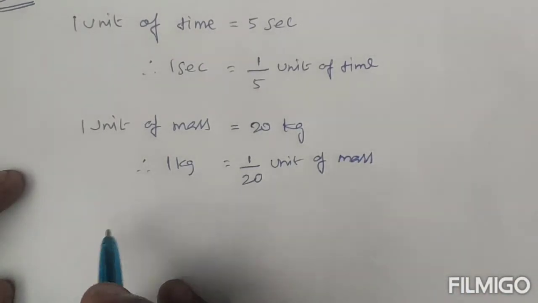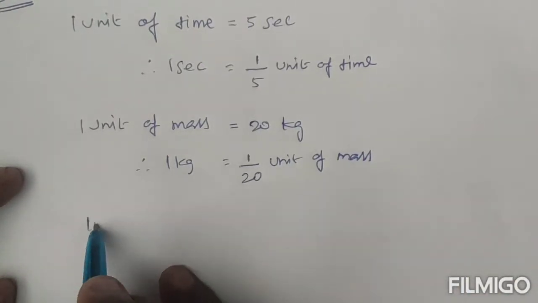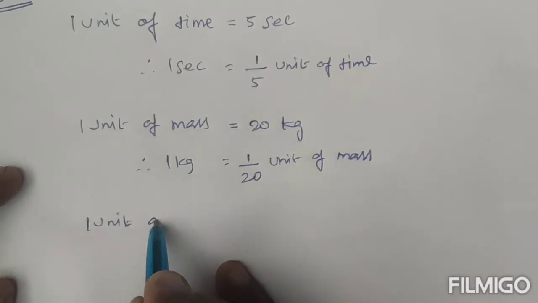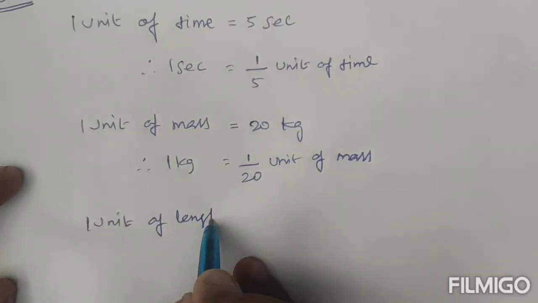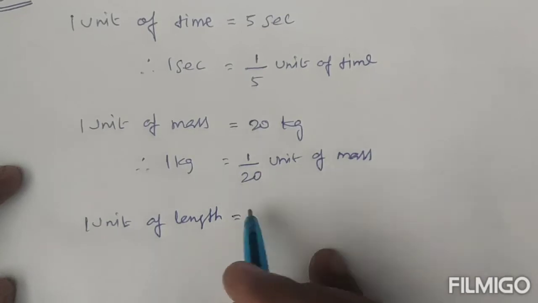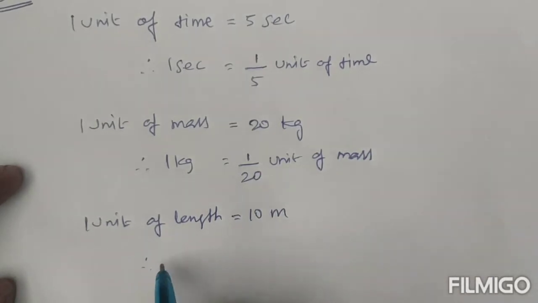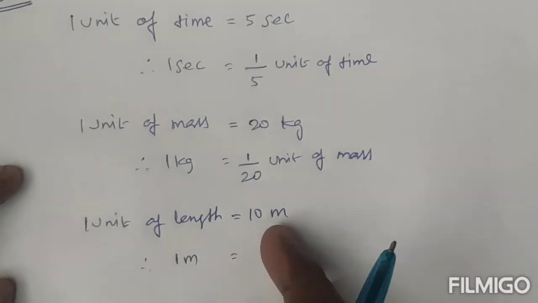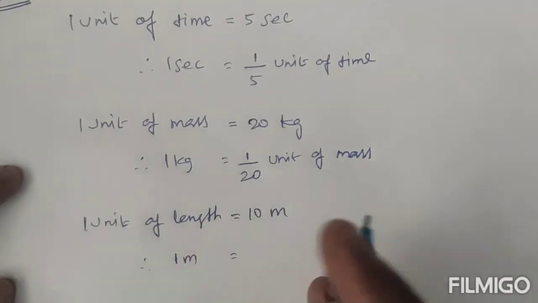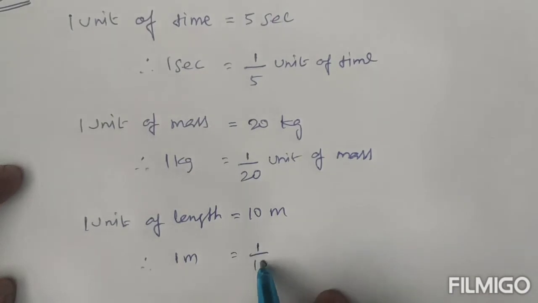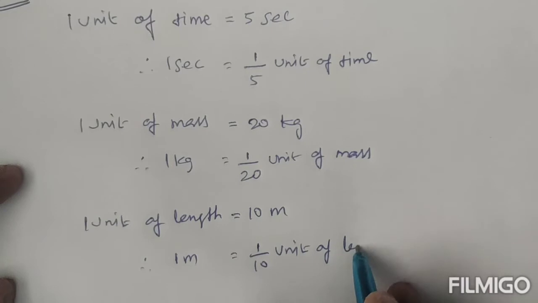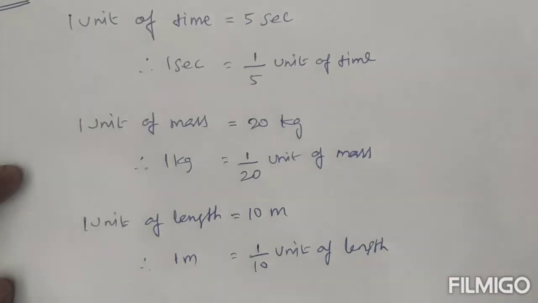Next one, length. Next information, 1 unit of length is 10 meter. So I can write 1 unit of length is equal to 10 meter. Therefore 1 meter is equal to, the 10 moves here and becomes division. So 1 divided by 10 unit of length.